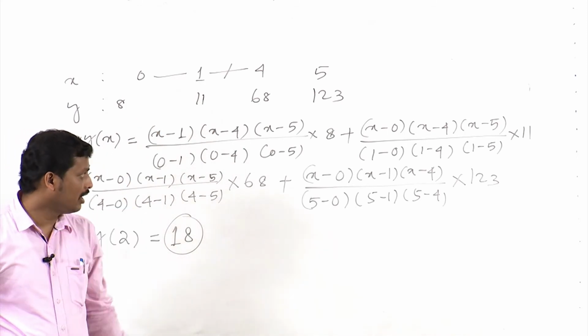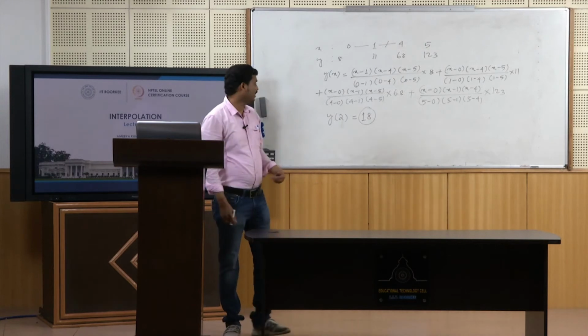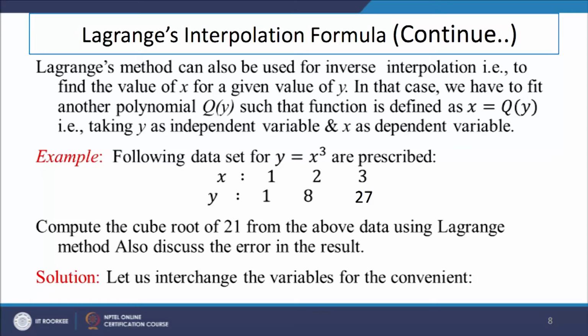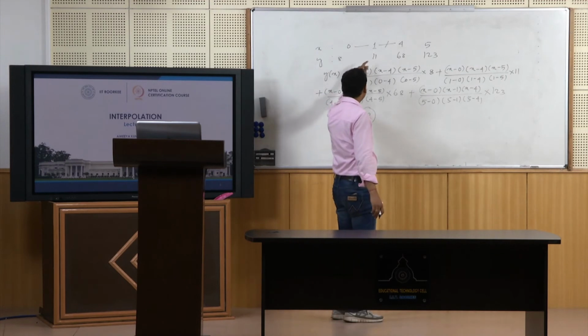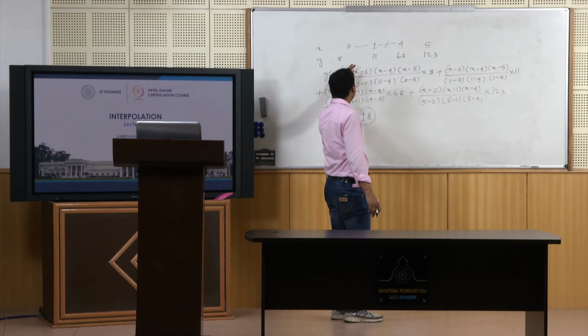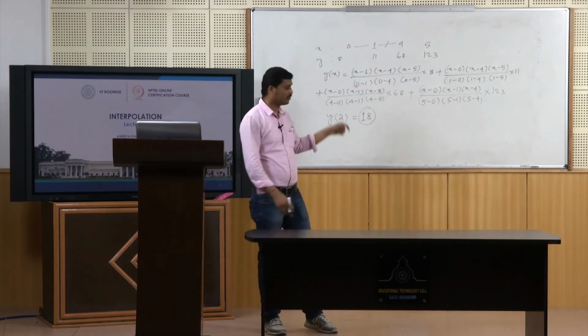So, that is why you cannot use any class of finite difference operators to find this value at x equals 2 here. So, the Lagrange method can be applicable if we have data points given, and if it is asked to evaluate the functional values within any of these points here.